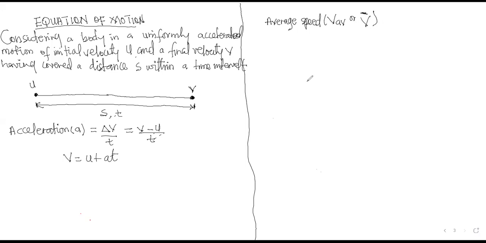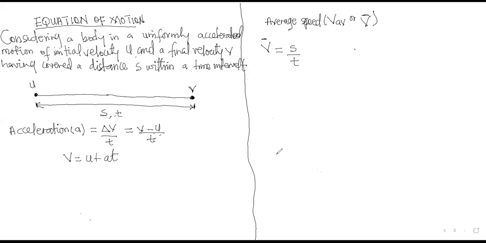So in kinematics or linear motion, when you see v av or v bar, it stands for average speed, v with a bar on top. There are two different ways of determining average speed, and we've learned one of them: total distance over total time taken.